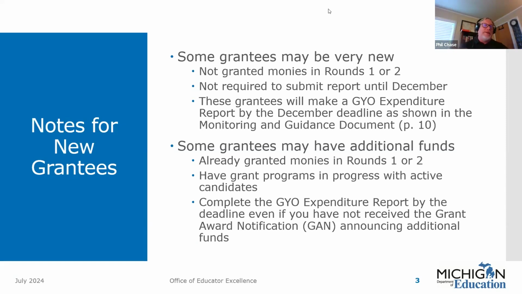We're really still only talking about candidates that had been awarded in rounds 1 or 2, your active candidates. We want you to complete the report by the 24th, but don't figure in the money that you're hoping to be awarded in round 3. That's going to be handled at the end of the year.